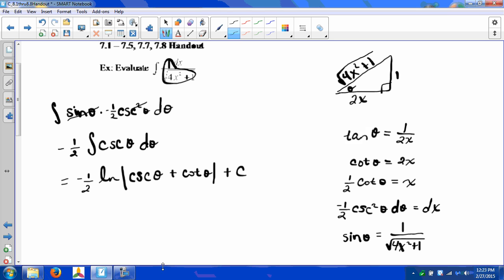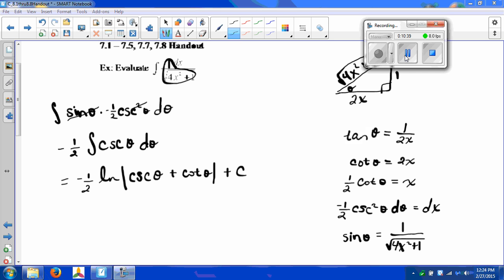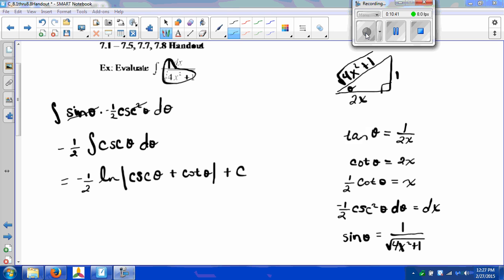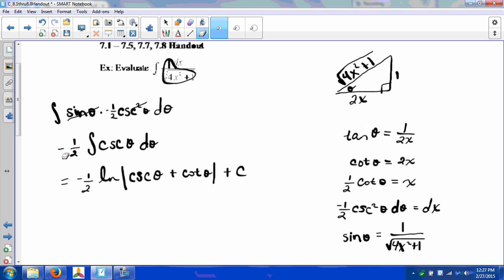I'm going to have to look that up and make sure I'm right, so give me a second. Okay, so I found it, and I just need to erase my negative sign, because it's negative natural log, but I already had a negative there, so that becomes positive.